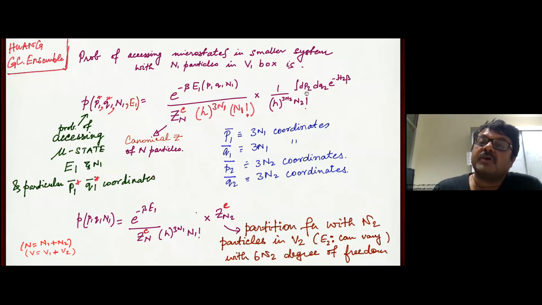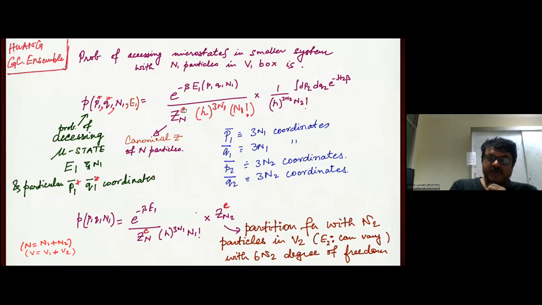So you are summing over all microstates of the reservoir, divided by h to the power 3N2 factorial, where N1 plus N2 equals N0, and this is the canonical partition function Z.